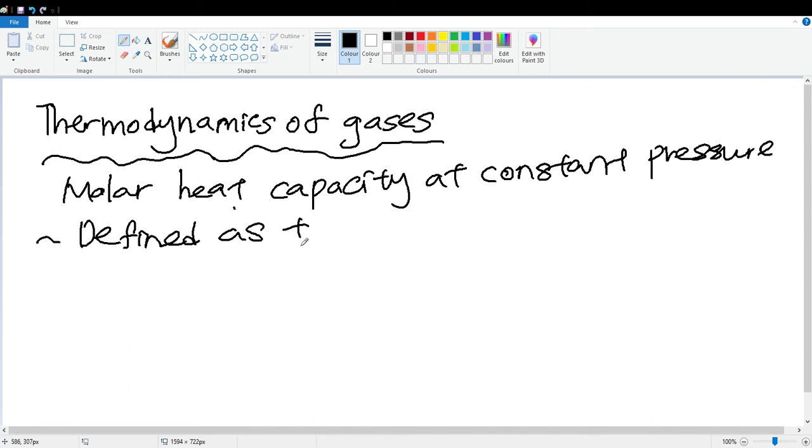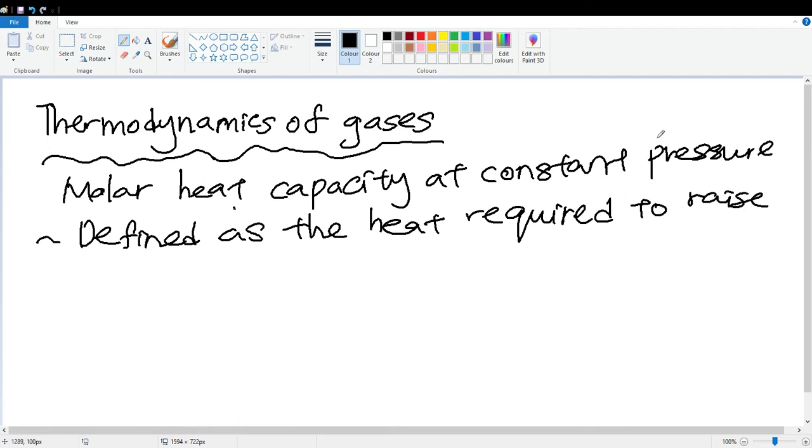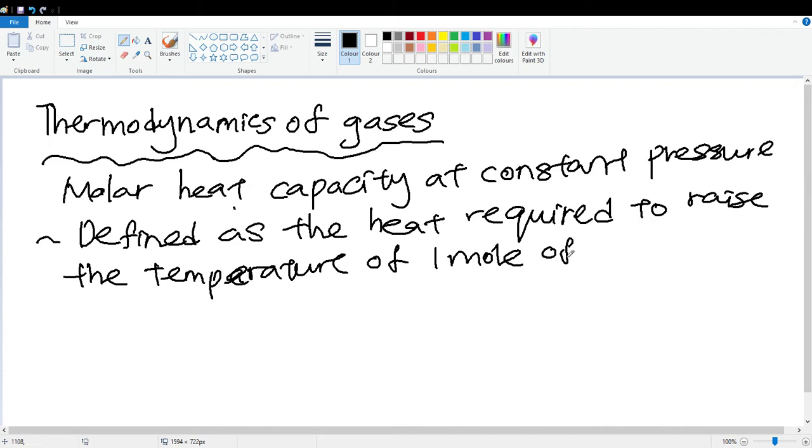Defined as the heat required to raise the temperature of 1 mole of gas by 1 K at constant pressure.